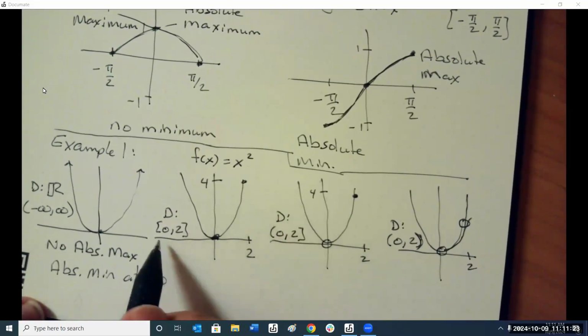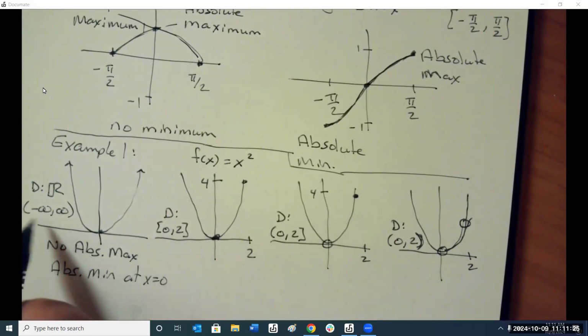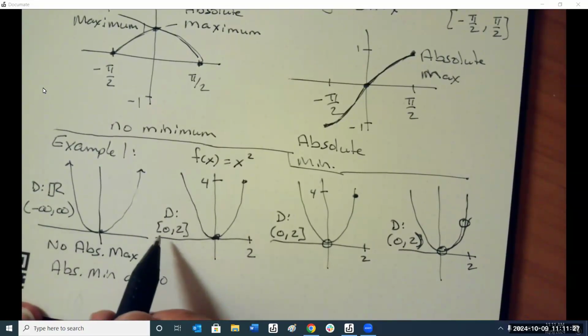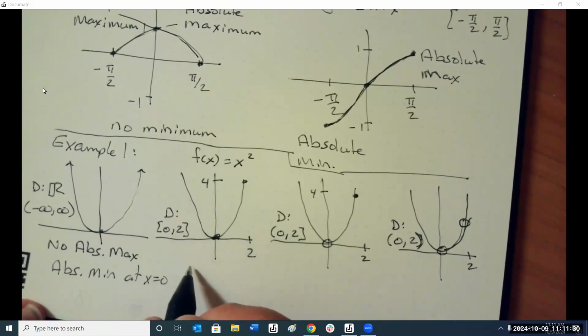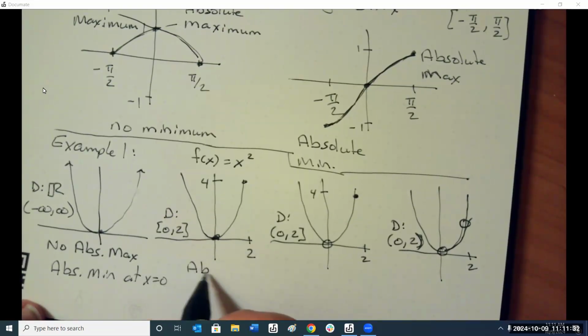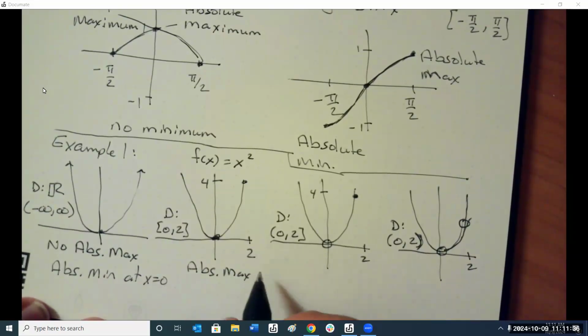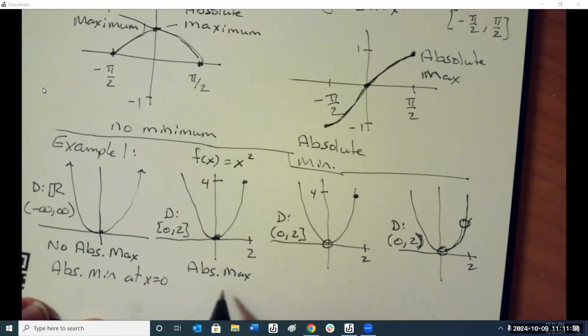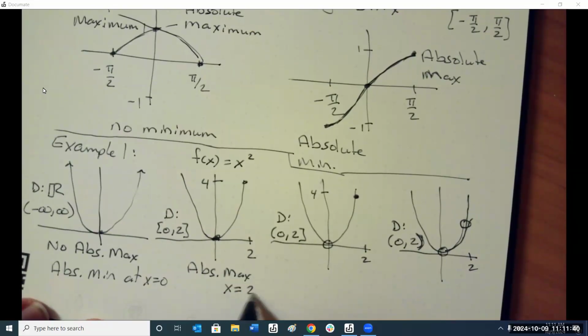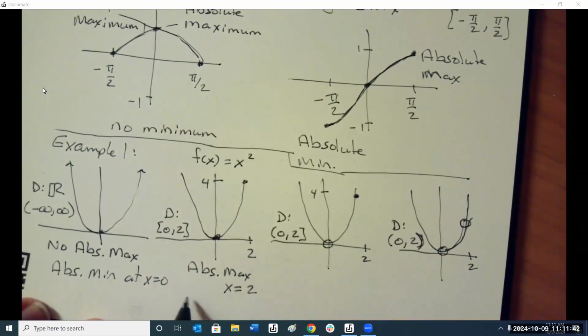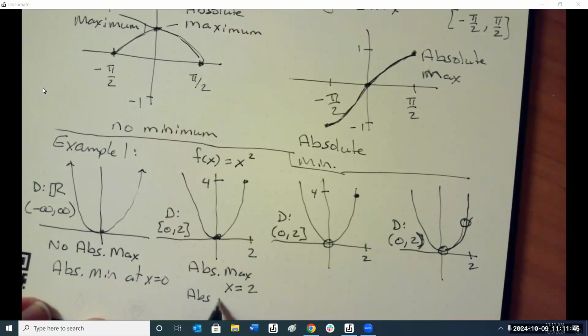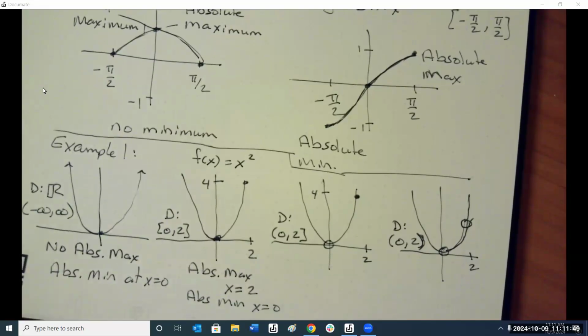Now this one, we have a closed interval. This is an open interval for infinity. This was a closed interval from 0 to 2. We now have an absolute max at x equals 2 and an absolute min at x equals 0.